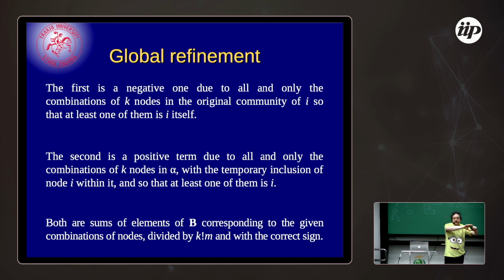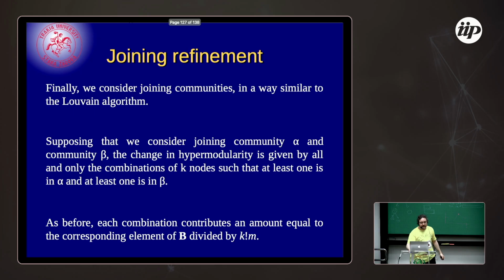And then you have a bunch of positive terms, which will be all the combinations of k nodes in the new community in which you have temporarily put I. For the same reason, those before didn't count because I was away, now I is here, and they count. All of these terms, you just sum over the corresponding elements of B, because again, the formula is still 1 over k factorial m, etc., times the elements of B. Yeah, there you go, 1 over k factorial, I even wrote it, with the correct sign, plus or minus, depending on the contribution that it is.